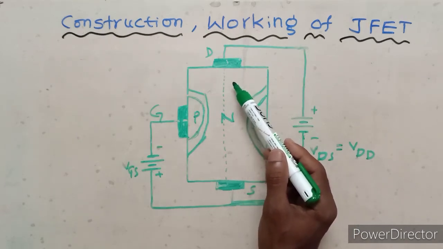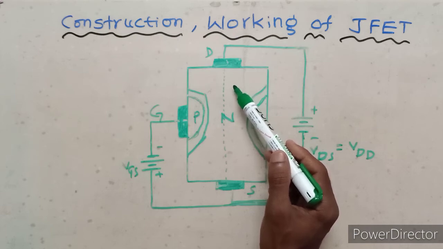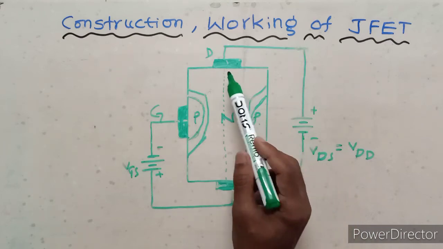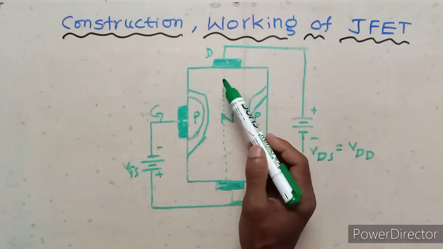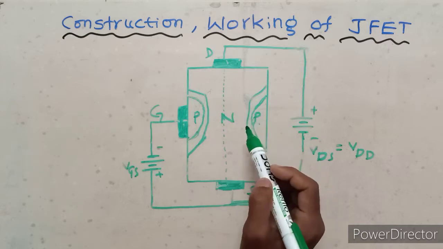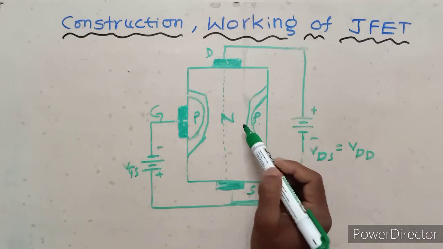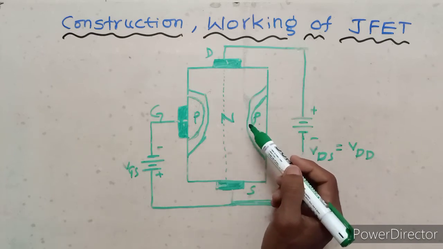If the drain current is very large, so this current is heavy, the depletion layer increases.